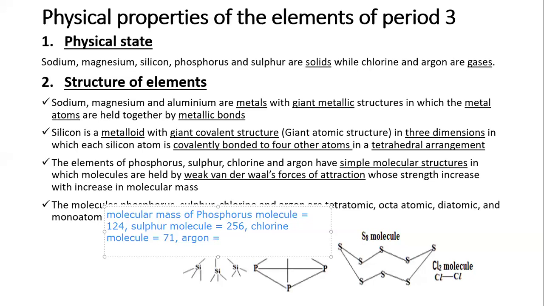For sulfur, the molecular mass of the molecule is 256.